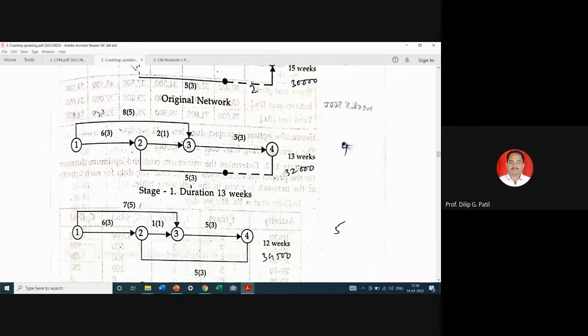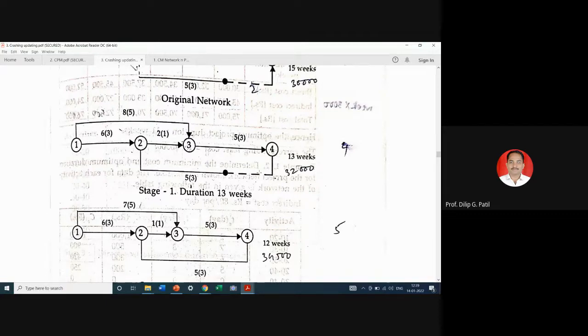त्याच्या पुढची स्टेप आपल्याला बघावी लागेल की या नेटवर्कनुसार हे बघा, आता 6 + 2 8, 8 + 5 13 आलं. इथं 6 + 5 11 आणि इथं 2 येणार आहे. बरोबर आहे? मग त्यामुळे आपल्याला पुढचं स्टेप बघावं लागेल की if we are planning to crash 2, 3, then you can crash it by 1 week, but at the same time you need to crash 1, 3 also.